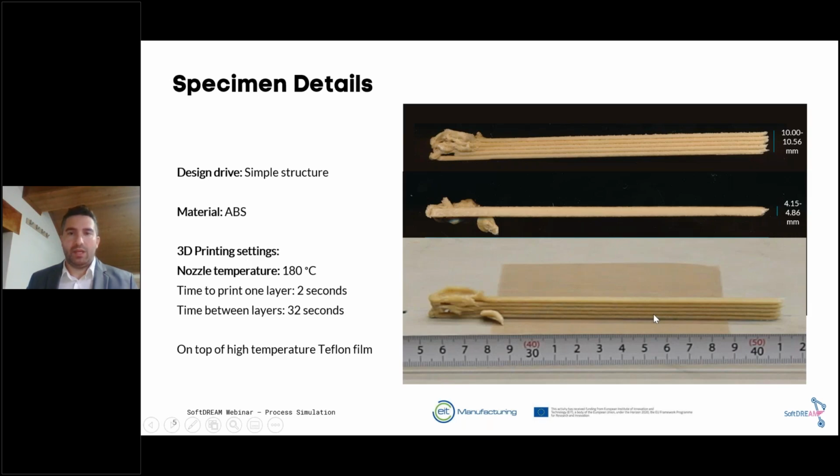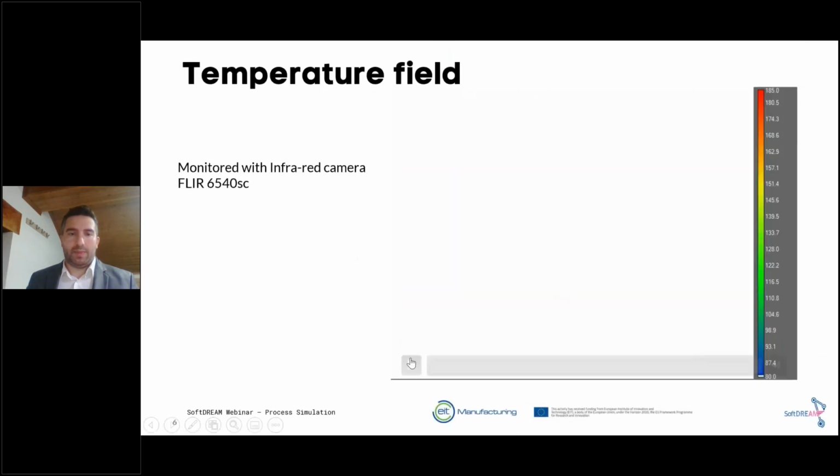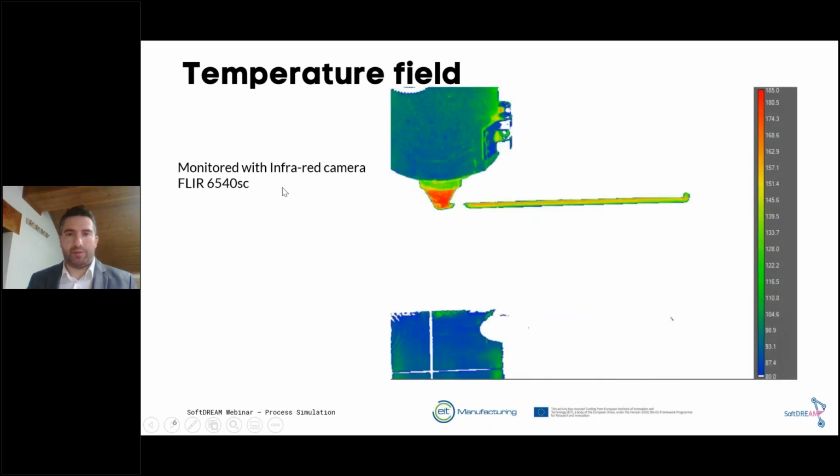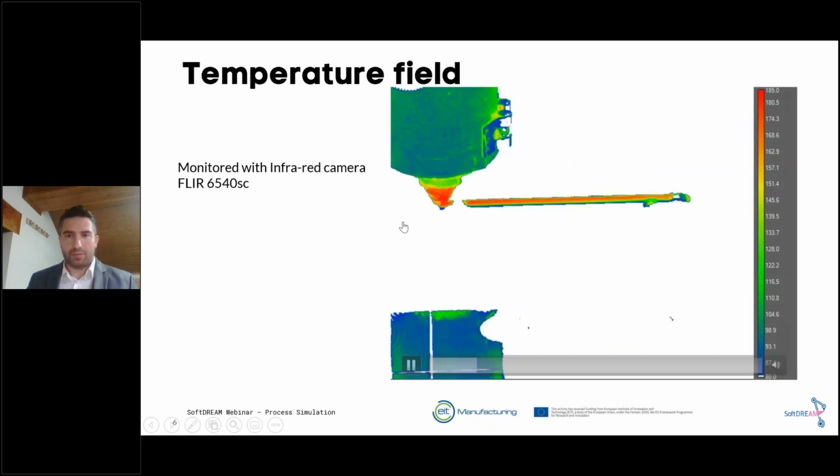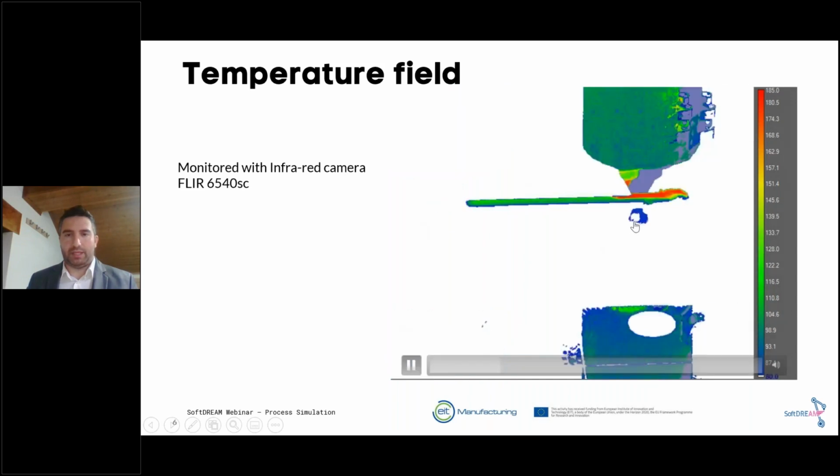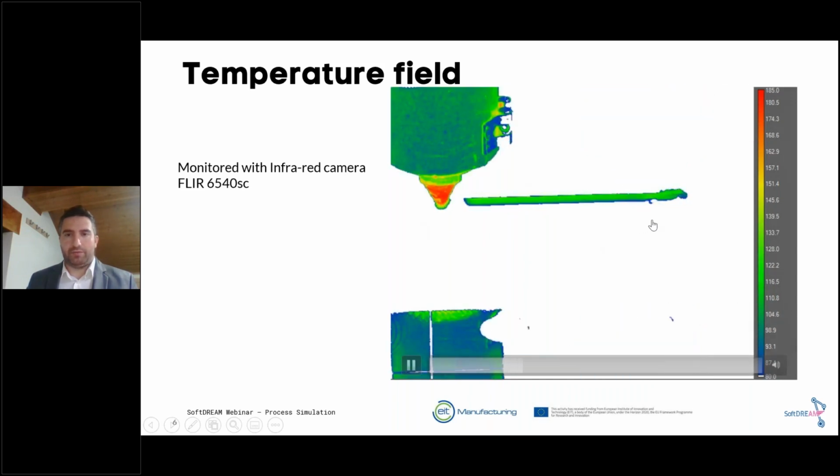Okay, so if you want to look at the temperature field, we recorded the whole printing process with an infrared camera. And basically it looks like this in fast forward again.